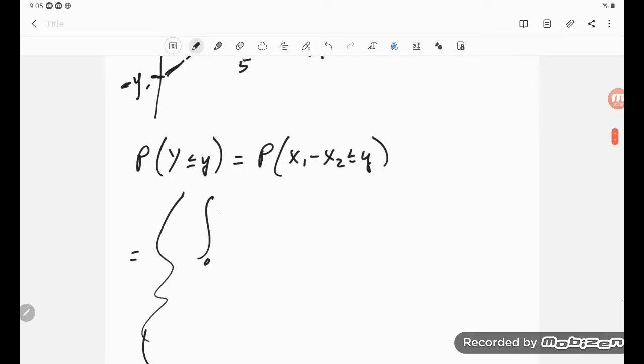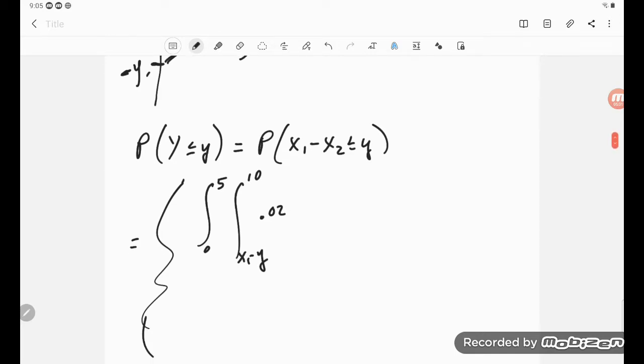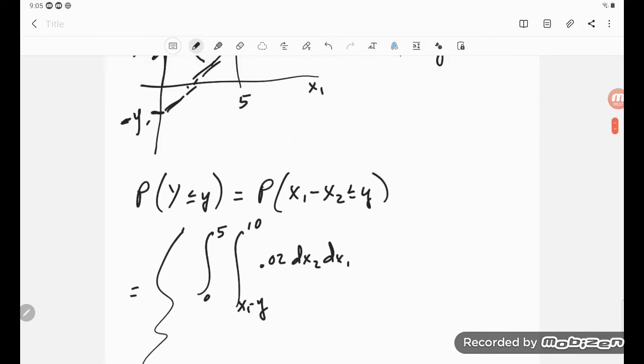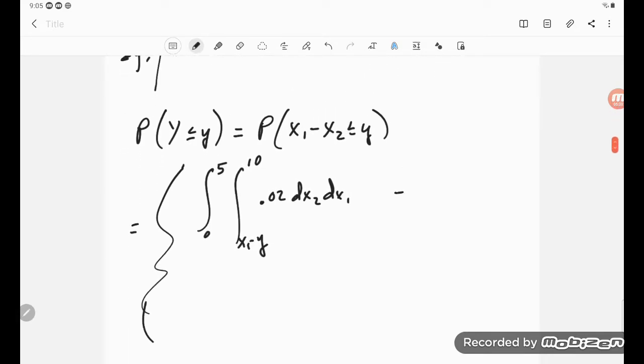So we have a 0 to 5, and x1 minus y up to 10. And then we have our 0.02, again, because that's our joint PDF, dx2 dx1. So we have that when we are between -10 and -5.